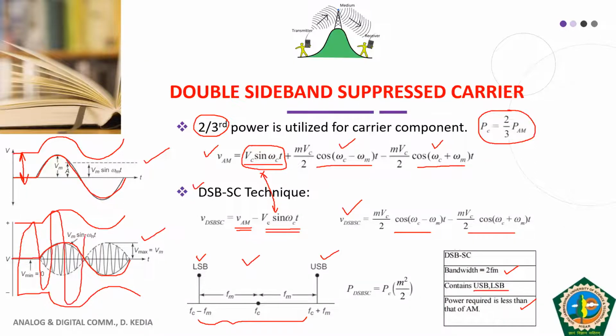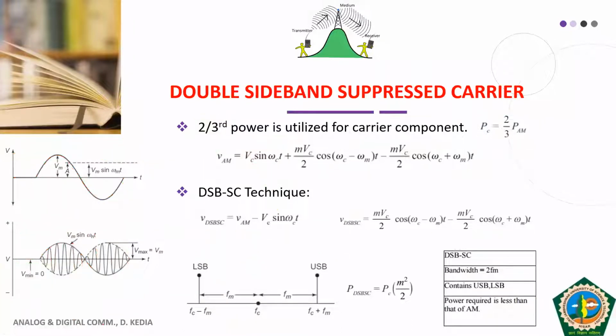Whereas in case of your double sideband suppressed carrier, that carrier part has been removed. So in a way, you can say that your envelope has become compact, the way it is low. Okay, so this is the envelope of your double sideband suppressed carrier.